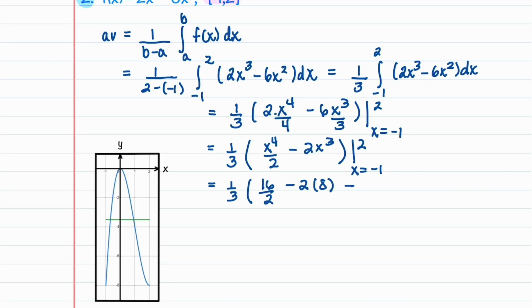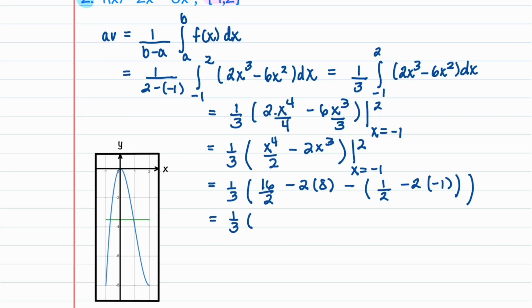And then we subtract off. Let's put a parenthesis here so we remember to carry that negative through to both terms. We have -1 to the 4th, so that's just 1. So we have 1/2 minus 2, and then -1 cubed is -1. So we have a lot of negatives here to watch out for.